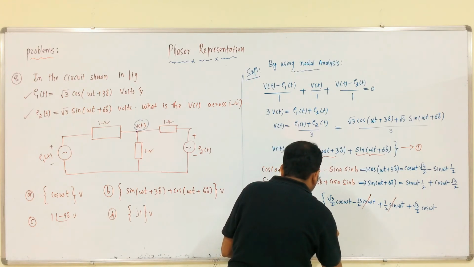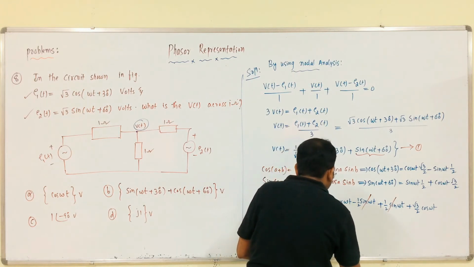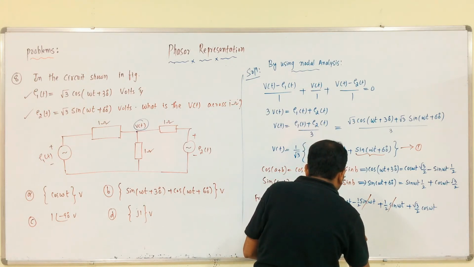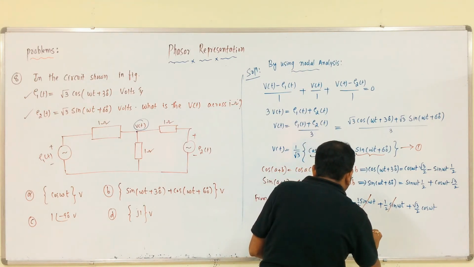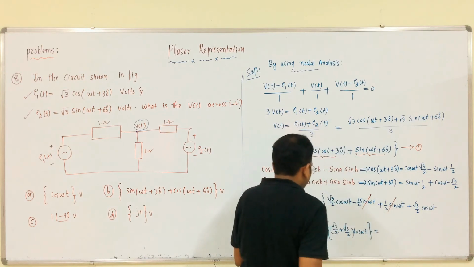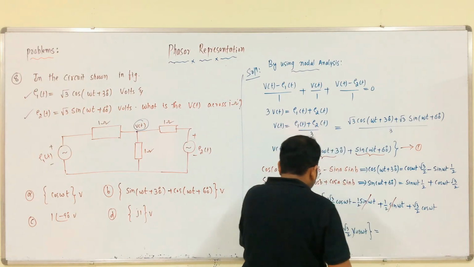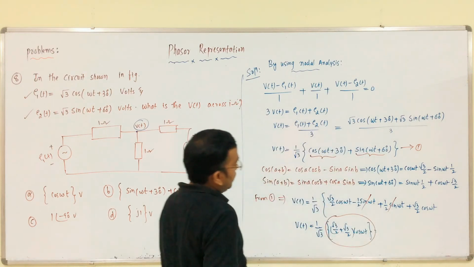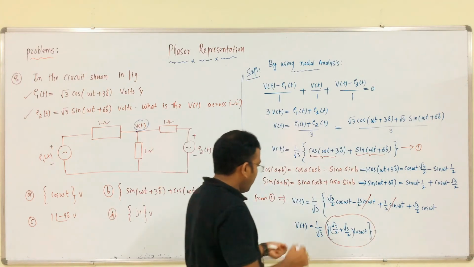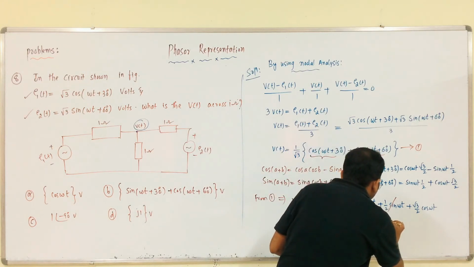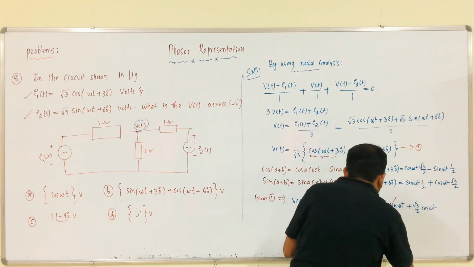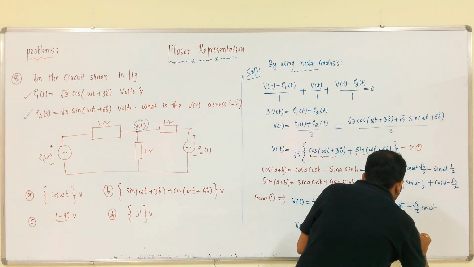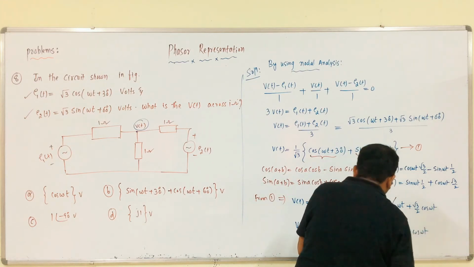So, 1 by root 3 times (root 3 by 2 plus root 3 by 2) cos omega t. This entire part is 2 root 3 by 2, that is root 3 cos omega t, which is equal to 1 by root 3 times root 3 cos omega t.